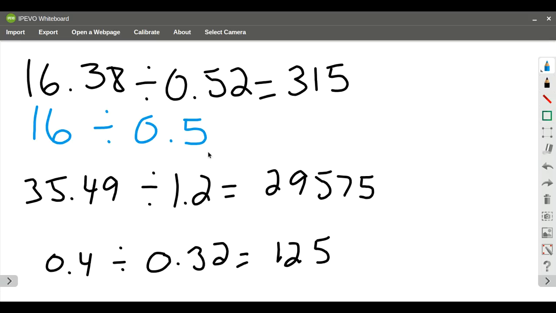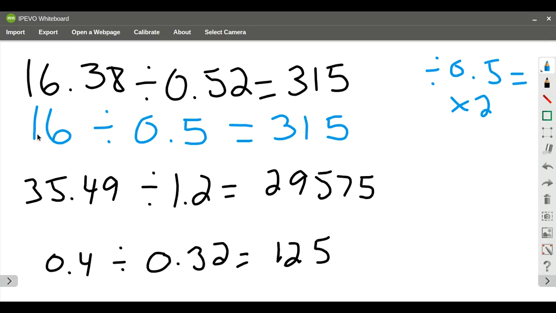But when I divide by a half, I'm really multiplying by 2. So the answer is going to be near 16 times 2, which is 32. So my decimal is going to go right there, between the 1 and the 5.